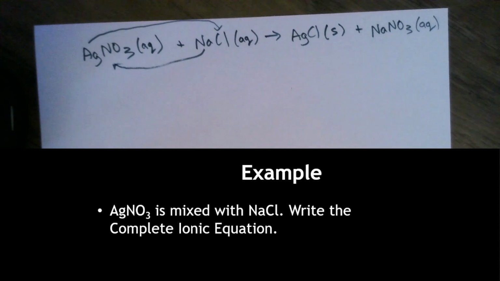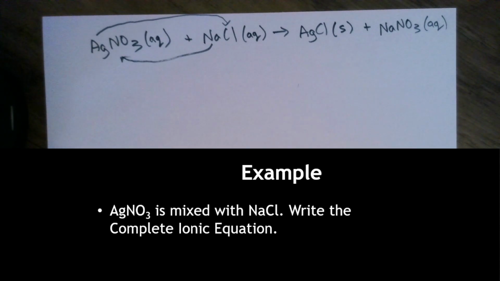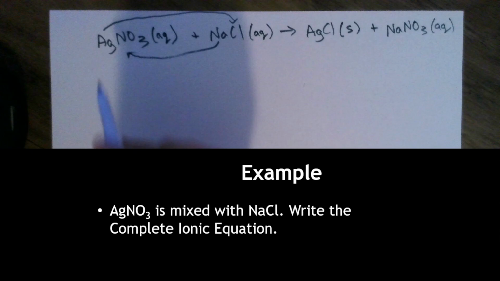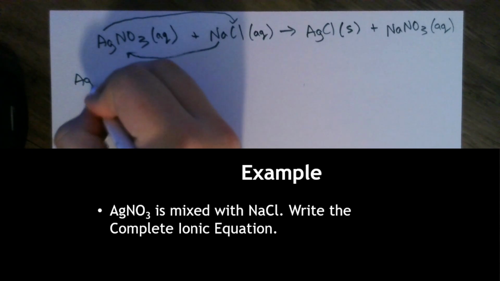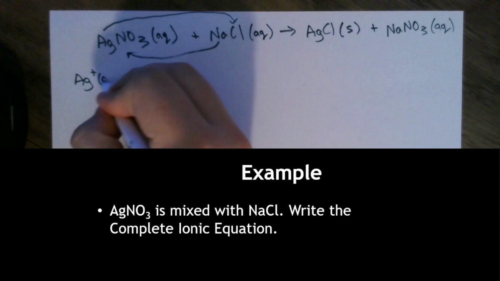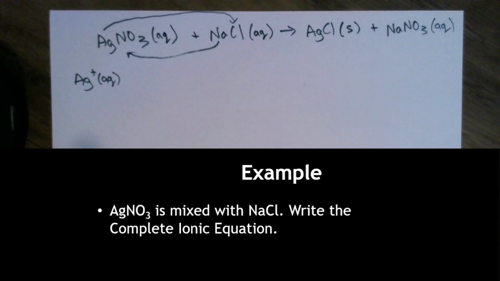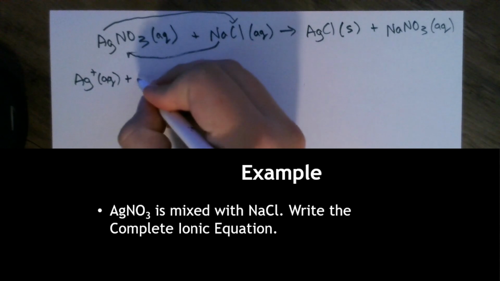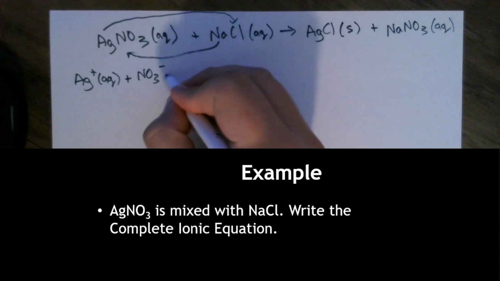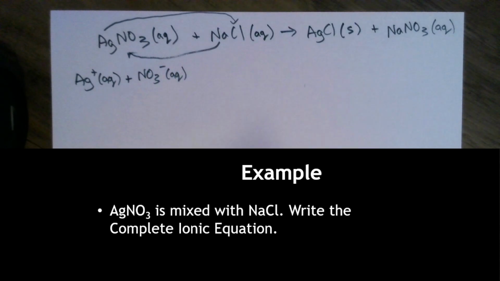That's my formula equation. That's our normal equation like we normally would write, but I want to write the complete ionic equation. I'm going to split apart all my strong electrolytes, all my aqueous things, into their ions. So like this first one, AgNO3 is going to split into Ag plus. The Ag plus is aqueous because it is dissolved in water. Plus NO3 minus, also aqueous.